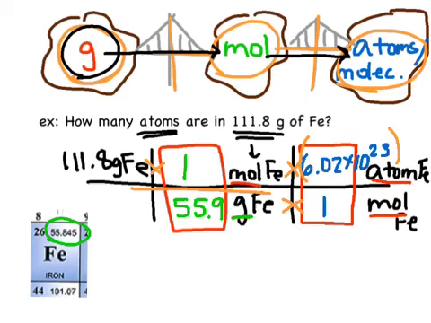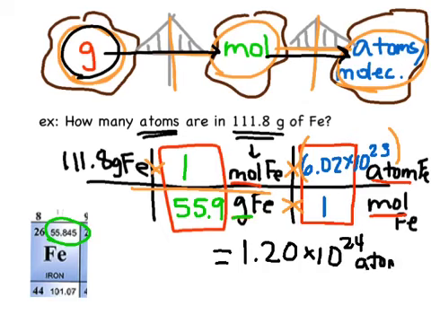When we do that, we end up with an answer of 1.20 times 10 to the 24th atoms of Fe. So that's how many atoms are in 111.8 grams of iron.